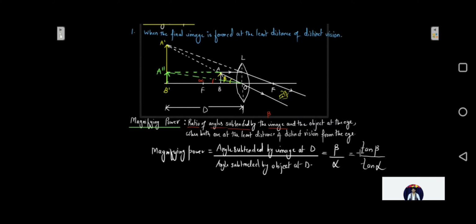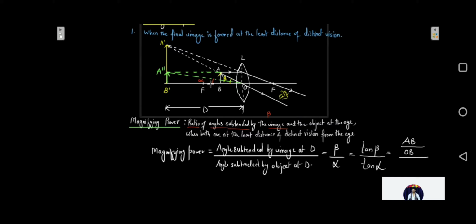So let us write down the ratios now. If you see the triangle AOB, tan of beta is going to be equal to opposite, that is AB, upon adjacent, that is OB, divided by tan of alpha.